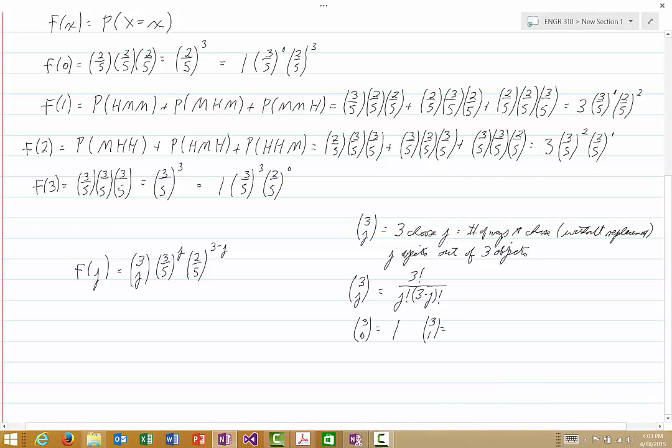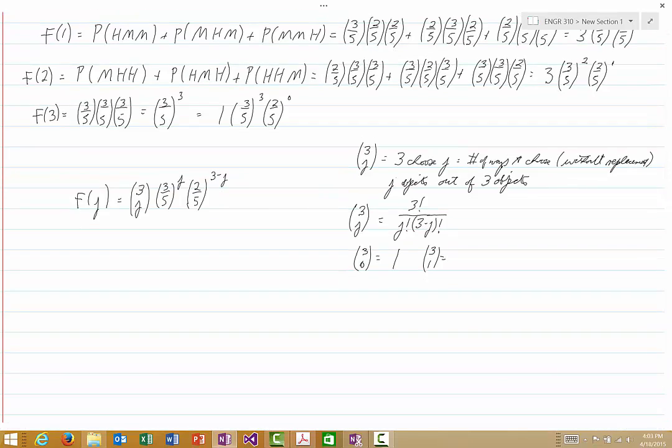Sorry for that interruption. So we have 3 choose 1 is equal to 3 factorial over 1 factorial times 3 minus 1, so that's 2 factorial. And notice that that's the same thing as 3 times 2 times 1 over 1 times 2 times 1. And so that's 3.